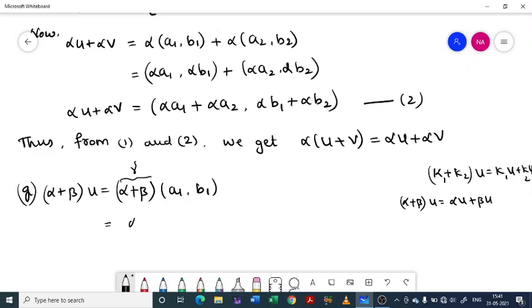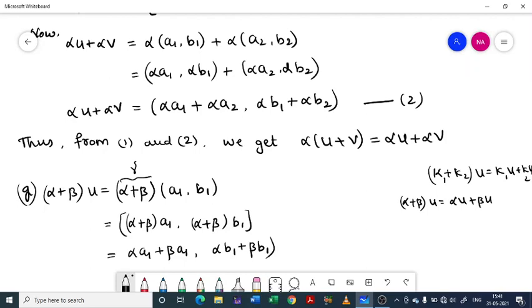So in that sense it will be alpha plus beta times of A1 comma alpha plus beta times of B1. But since R is a field, this can be written as alpha A1 plus beta A1 comma alpha B1 plus beta B1. So this is alpha plus beta times of U. Call this equation 3.